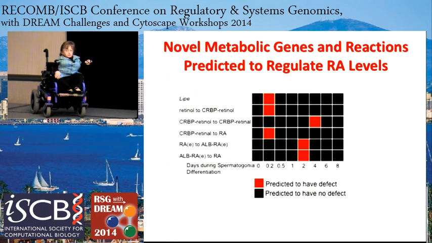I'm mainly just going to be talking about this Lipe gene knockout. We predicted it to have a spermatogenic defect at day 2. I want to note that this gene had actually been knocked out experimentally by this group. However, the cause of the infertility phenotype had not been heavily investigated. So we were able to conclude from this model that it's causing a spermatogenic defect because it's causing a misregulation of that RA pulse.